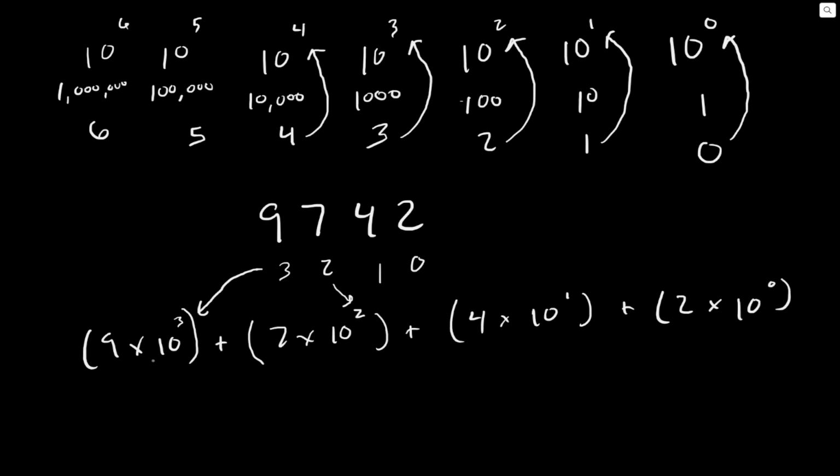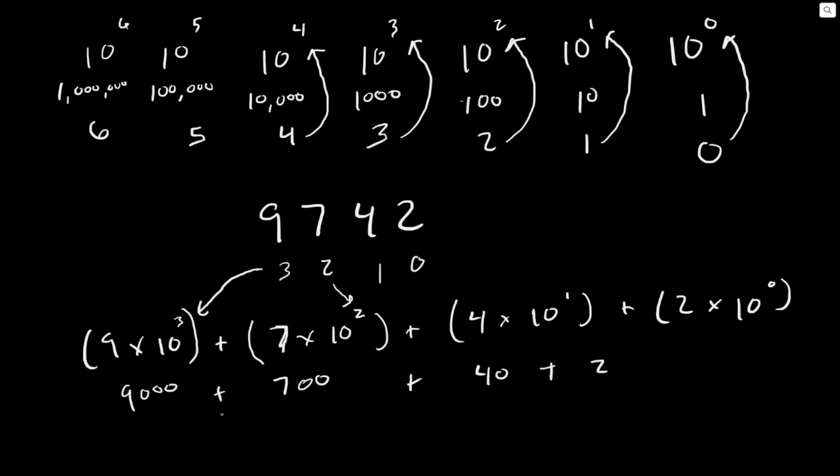All right, so that's 9 times 1,000, 9,000, plus 7 times 10 squared, that's going to be 700, plus 4 times 10 to the 1, 4 times 10 is 40, plus 2 times 10 to the 0, 10 to the 0 is 1, times 2 is just 2.